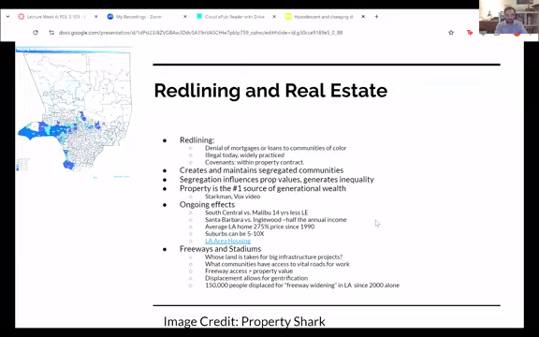So that displacement then allows people to go into that community, expand the quote unquote nice community, and then the whole area that the freeway was built through becomes gentrified.